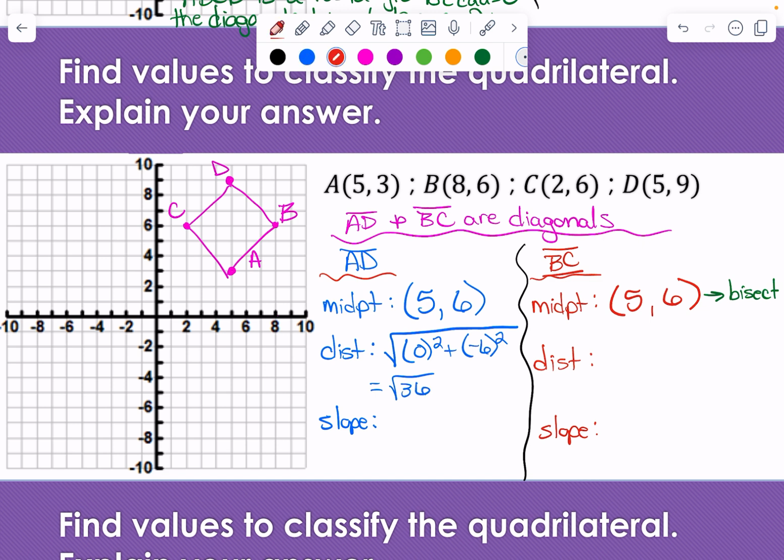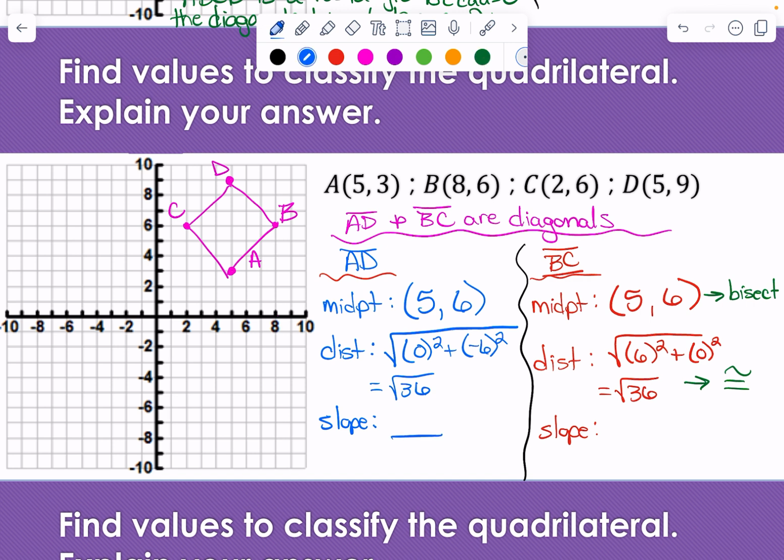Come back in on the other side to BC. On BC, I'm going to go 8 minus 2 squared, that's 6. 6 minus 6 is 0 squared. So again, that's the square root of 36. So what that tells me is, yes, they are congruent. So then we come back.